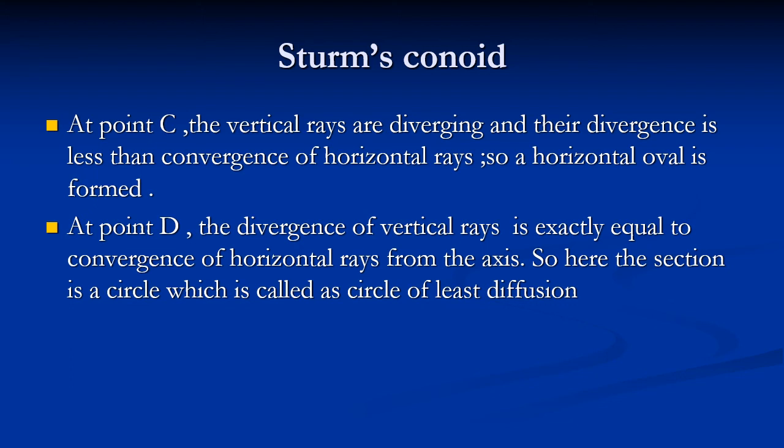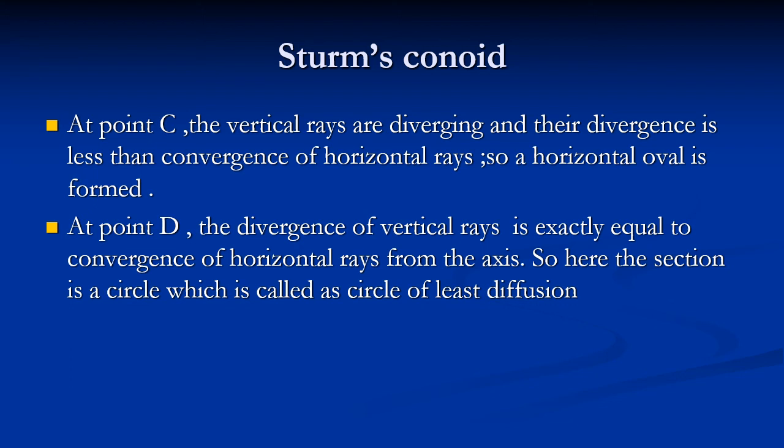So the rays which fall in front of the retina, you call myopia. The rays falling behind the retina, you call hypermetropia. When a particular subject has a different refractive error, they will have a different positioning of images.